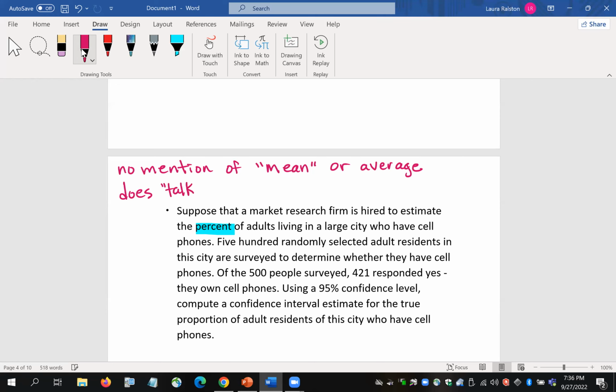So again, that's my clue that I'm going to do a Z interval for a proportion.